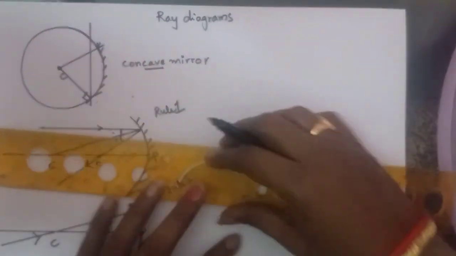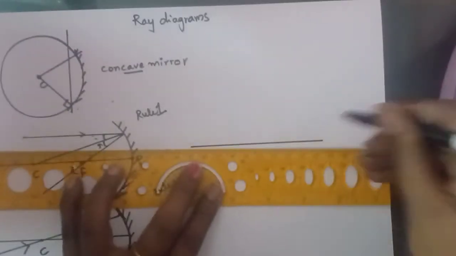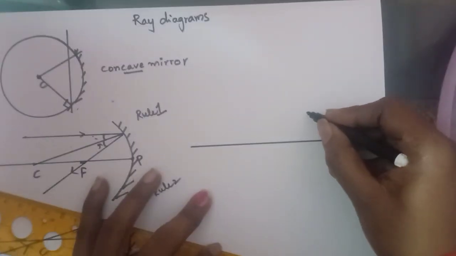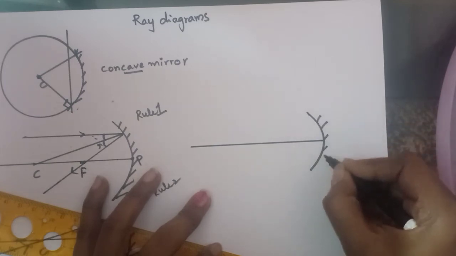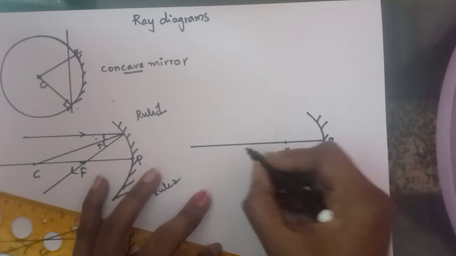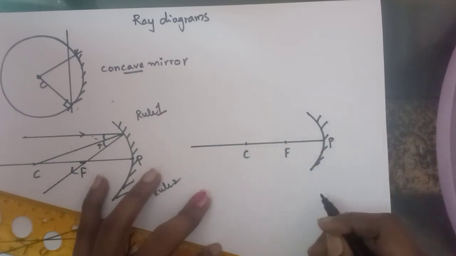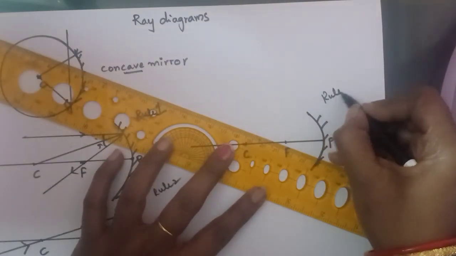Now coming to rule 3. Again, the principal axis. Again, coating on the backside. Pole, a point. Then focus. Then center of curvature. Now, the third rule is rule number 3.